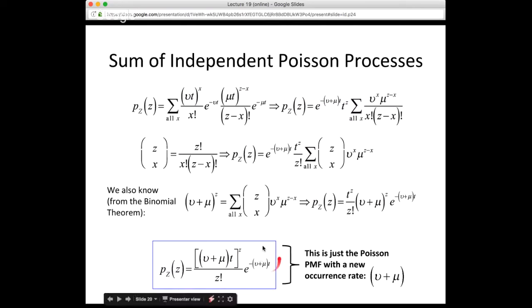The first is that we've derived this PMF for z, and you don't see an x and y in this distribution at all, except that their occurrence rates have been embedded in this new derived distribution. So the distribution itself only depends on z, right? z's in the exponent here, and there's a z factorial, and obviously the amount of time that's elapsed, but it doesn't depend explicitly on x and y, except through their occurrence rates, that is nu and mu.